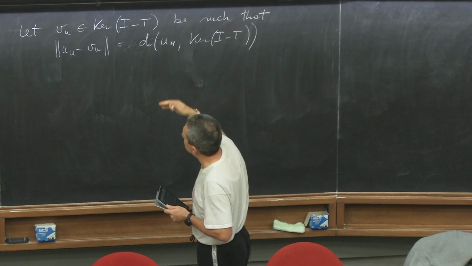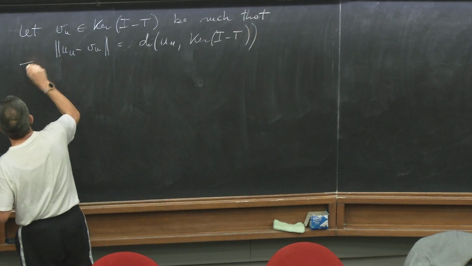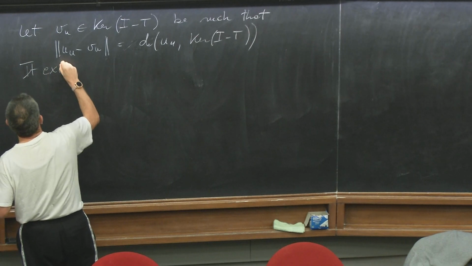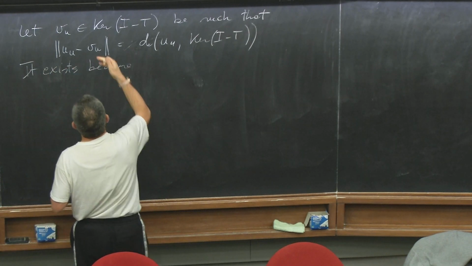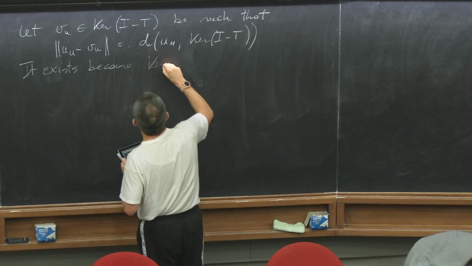So why does Vn exist? It exists because the kernel is finite dimensional.